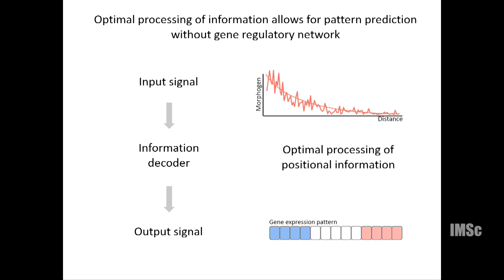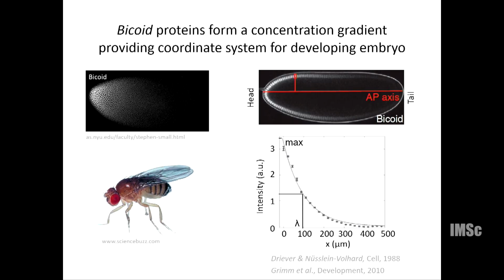And let's see whether we could make some predictions with that. Because if you construct the network, you could then ask, okay, I knock out some genes, I have some mutants, and then I predict a new pattern. But without the network, can we do this prediction, saying like we construct such a decoder, and then we also do predictions for the mutants? And now for several slides, I will try to convince you that it's possible.